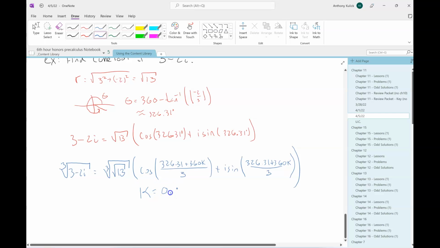And our k is going to be 0, 1, and 2. So far, so good.